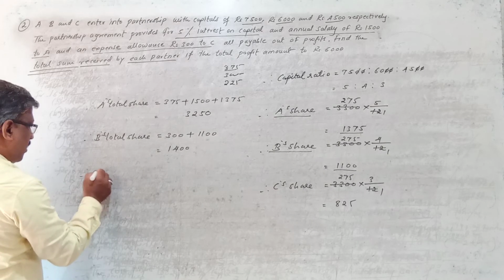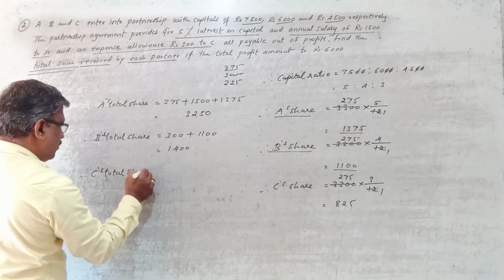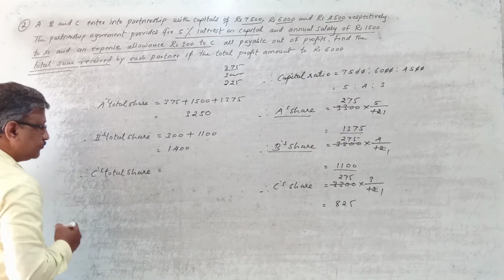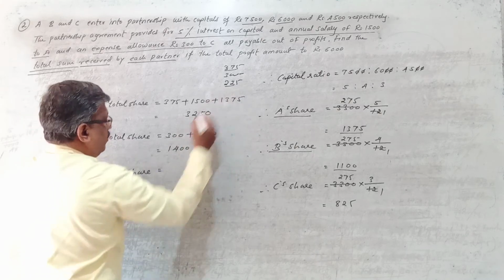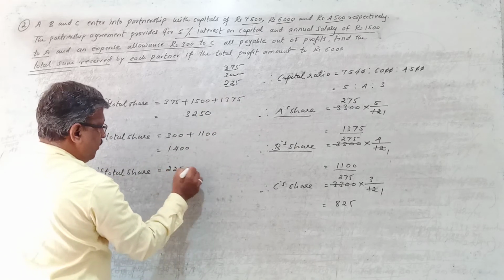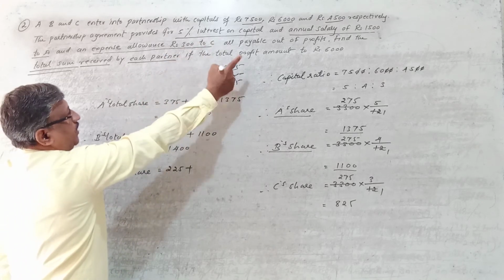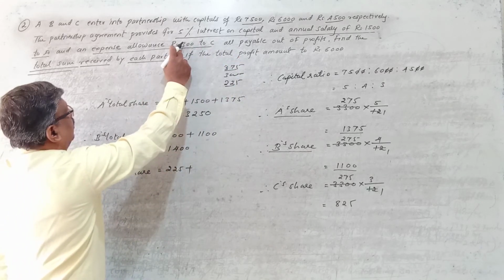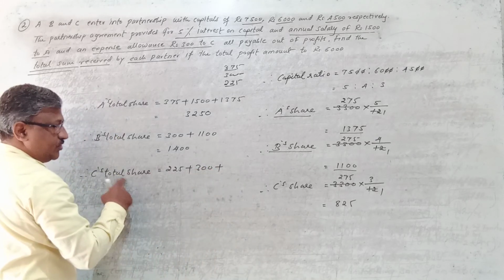Like that, you have to find now C's total share. C is getting 225 rupees interest on his capital, plus he is not getting any salary, but he is getting an expense allowance of 300. So you have to add that in C's share.